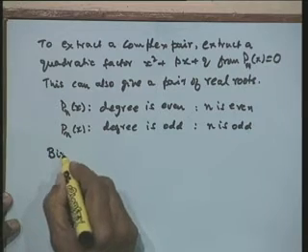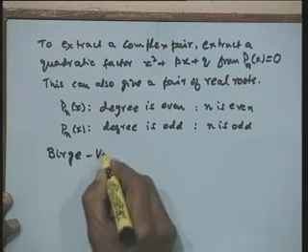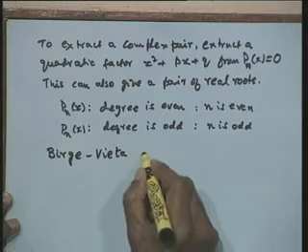Now the first method that we shall discuss is what is known as the Bairstow-Vieta method, which extracts a linear factor from a given polynomial.